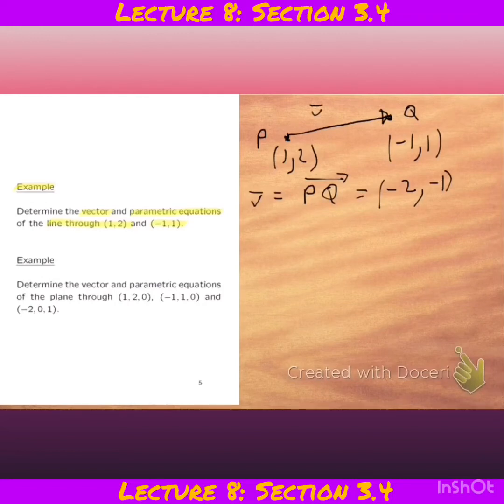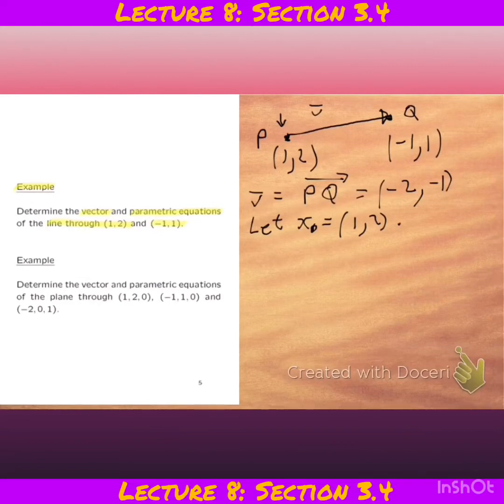Now we want the straight line to contain both the points P and Q. So we let x0 be my starting point, the point that my straight line must contain.